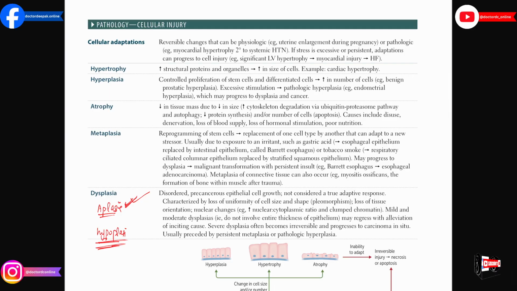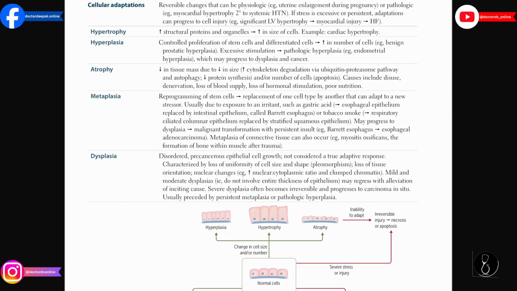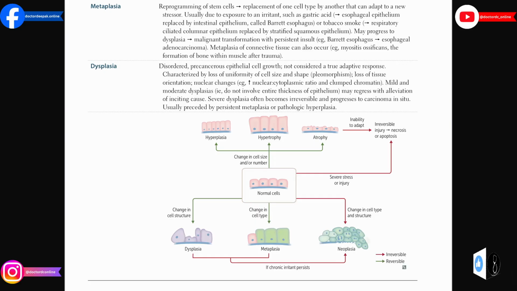Now let's have a quick review of this diagram. Here they mention, so let's take a quick review.